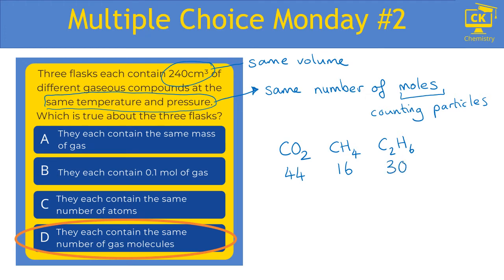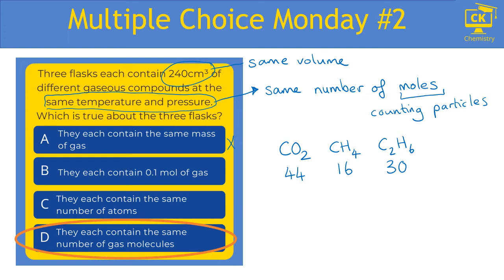We don't know how many moles they contain, but we do know they don't contain the same mass if they are the same number of moles. So A is out.